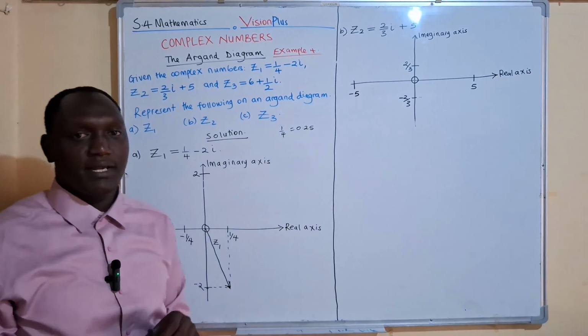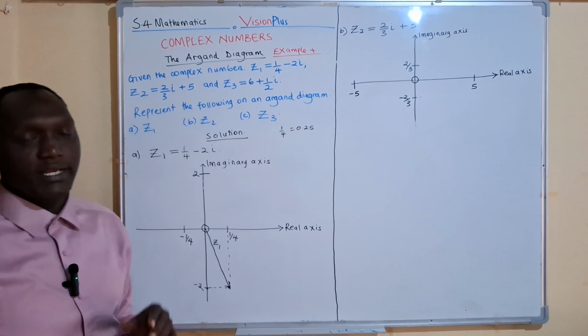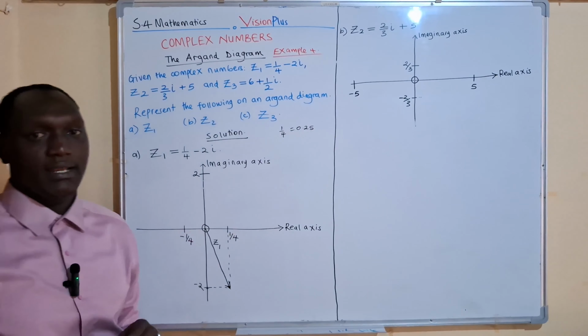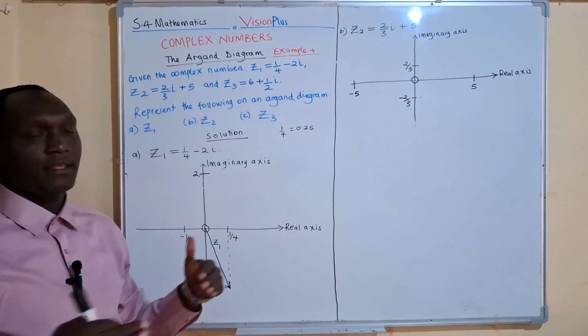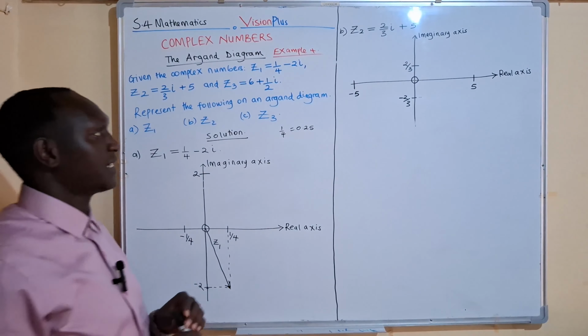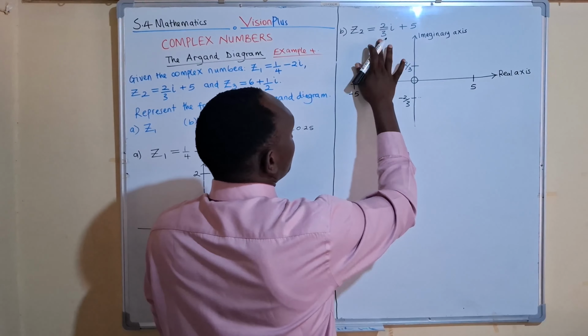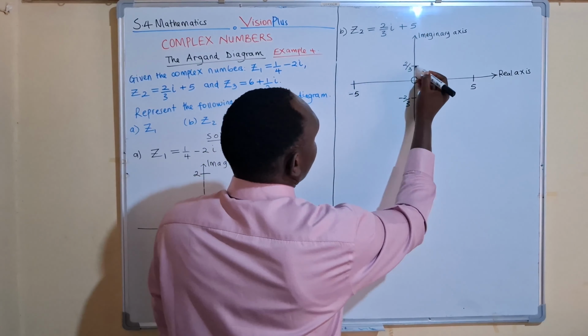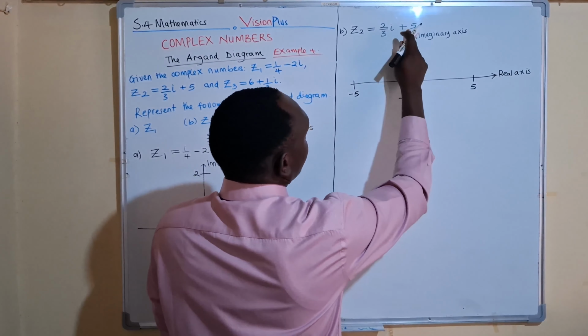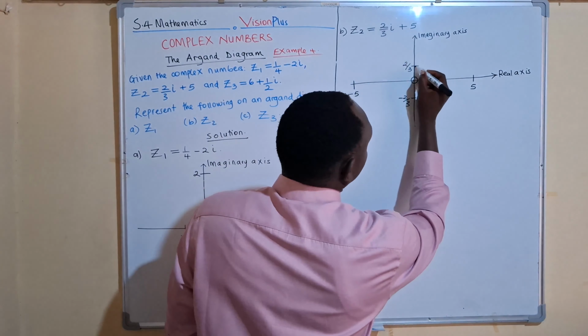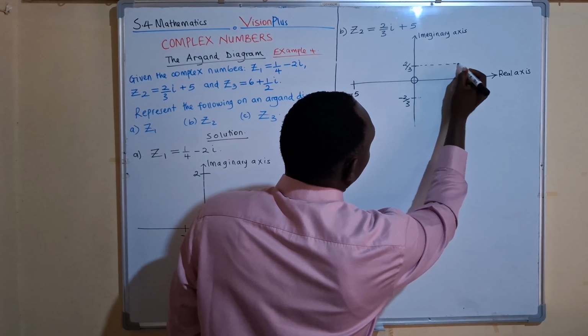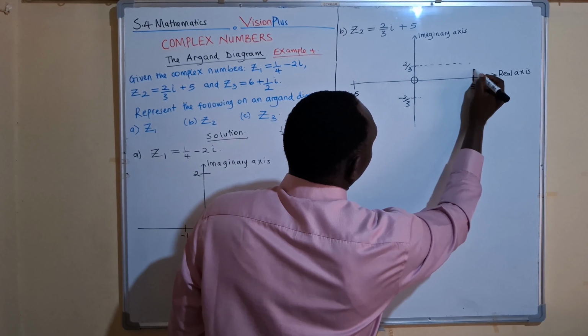What is the next step now? You have drawn your complex plane and even you have labeled the values on the axis. Now you come to your complex number. We have 2 out of 3, which is on the vertical axis, which is here, positive, and then 5 is also positive. So you just dot it here so that you get the point of intersection.